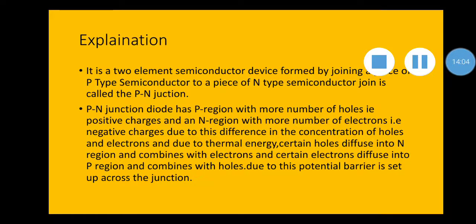Due to this difference in the concentration of holes and electrons, and due to thermal energy, certain holes diffuse into the n region and combine with electrons, and certain electrons diffuse into the p region and combine with the holes.